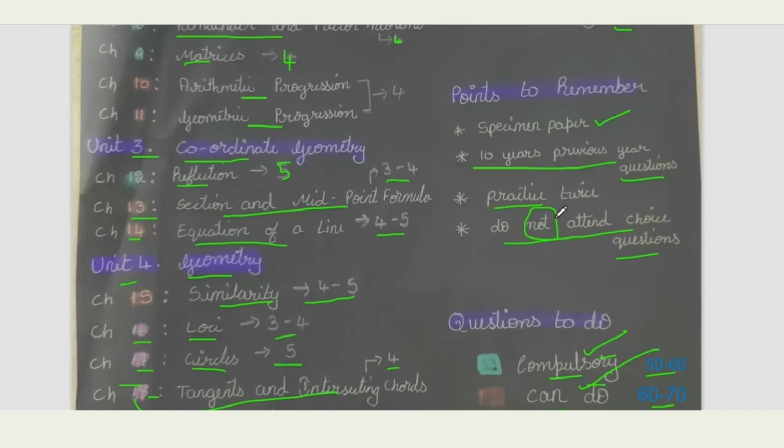And if you write the fifth question also in part B, they will only count the first four. Some teachers may count the higher weightage questions, but some teachers may not, they do not have much patience, students, so you attend only 4 questions. If you attend the fifth question also, it's a time based job actually, because they will only count the first 4 questions. So do not attend the choice question, remember this.